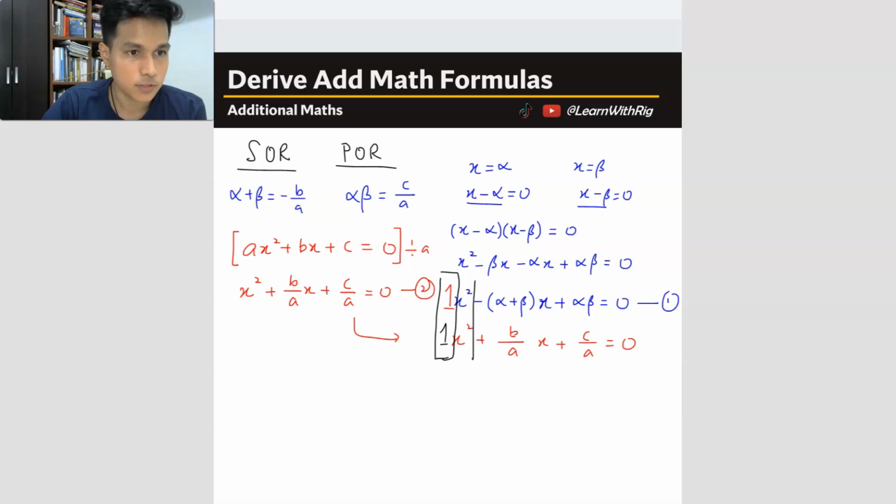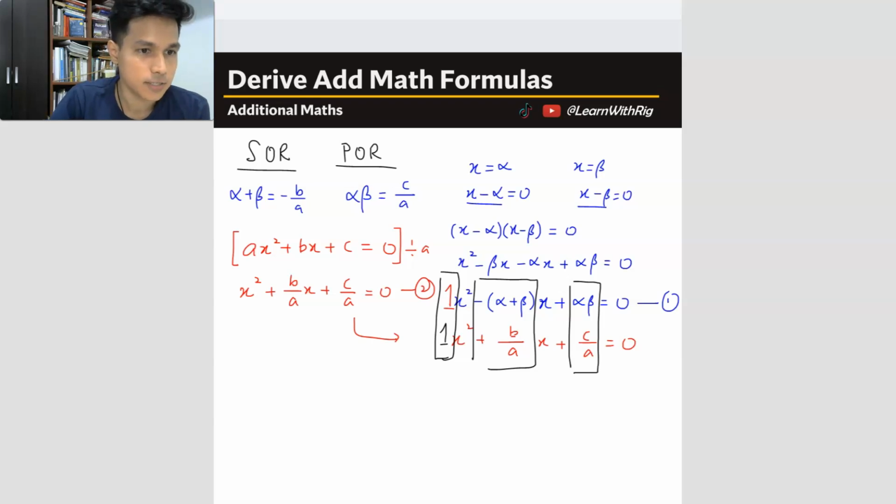That means these two are the same and these two are the same. So from here we can already see that alpha beta equals c over a. Okay, so this part you already prove.